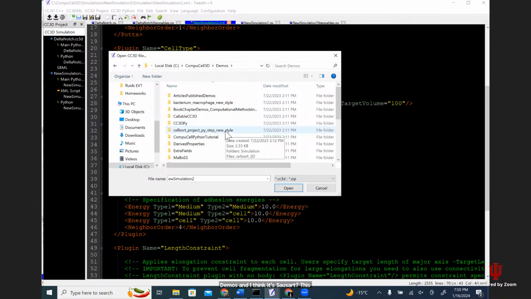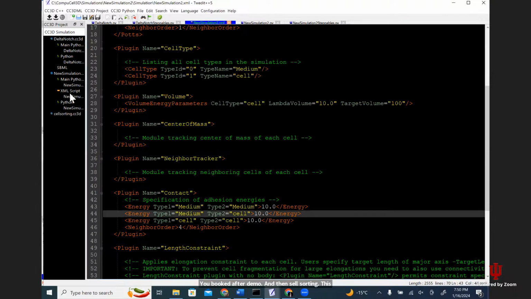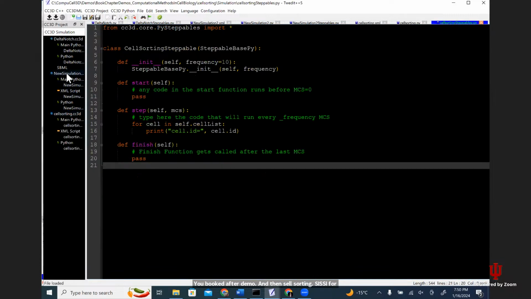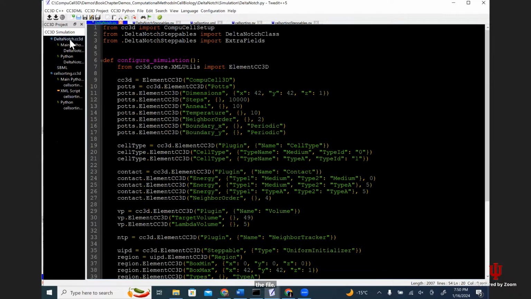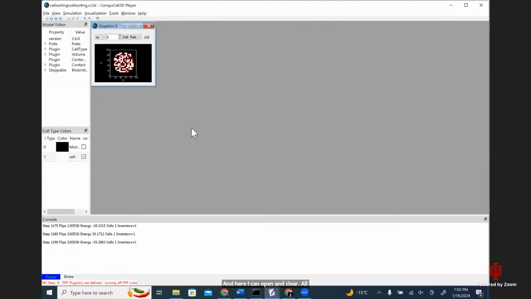This one. Use book chapter demos. Okay, so book chapter demos, and then cell sorting CC3D file. Double click, it opens. Let me close these ones. And here I can open in player. I already have a player opened.